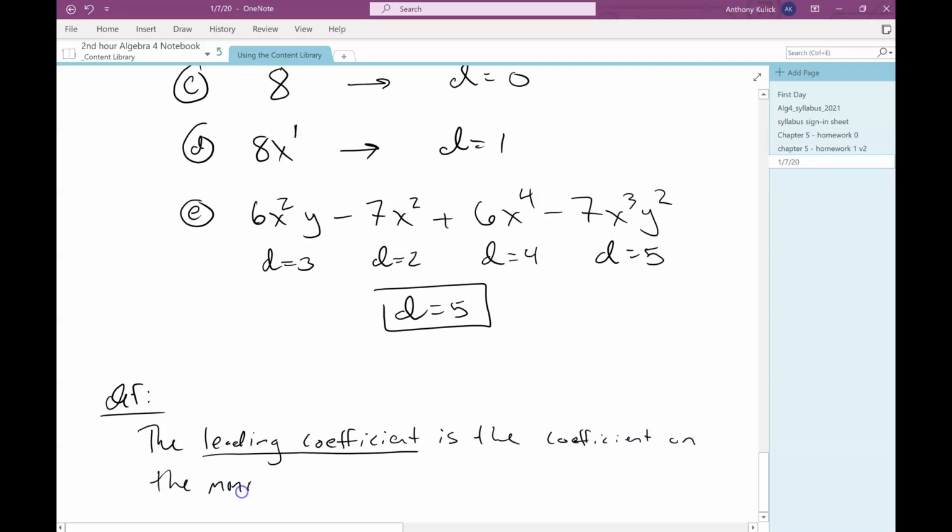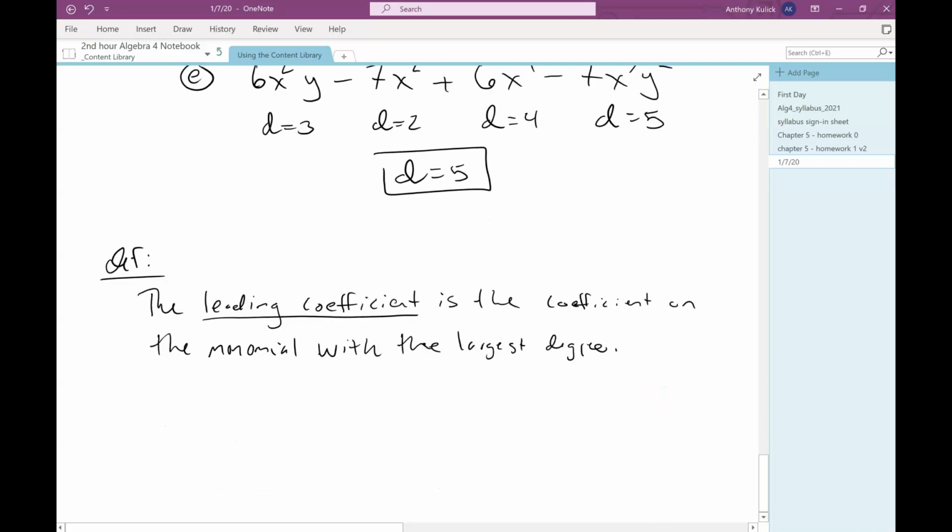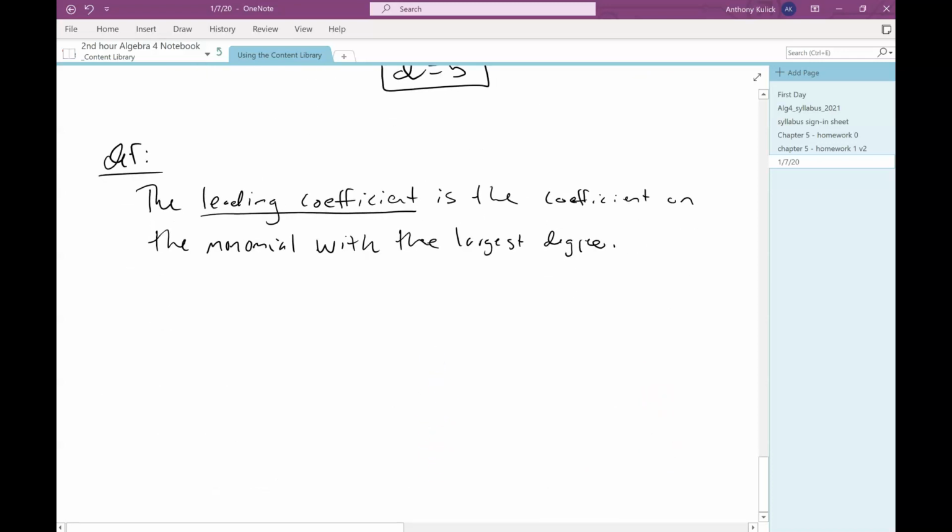So the leading coefficient is just the coefficient on the monomial with the largest degree. So let's say we have the polynomial 7x squared y minus 10x squared plus 18 minus 7x to the fifth.